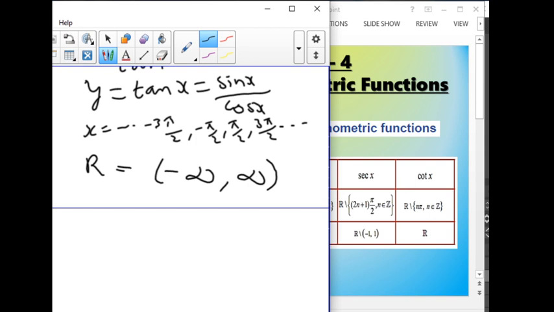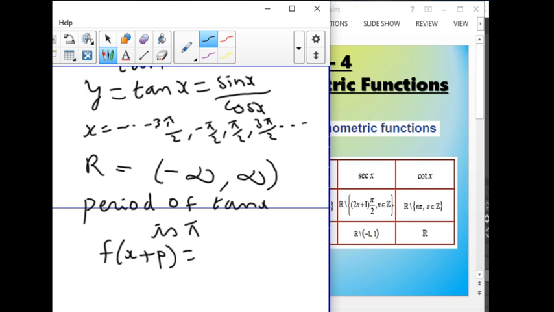Now the period of this tangent function: the period of tan x is pi. What is the reason? We have studied the definition, f of x plus p should be equal to f of x. Here, tan of pi plus x is equal to tan x.